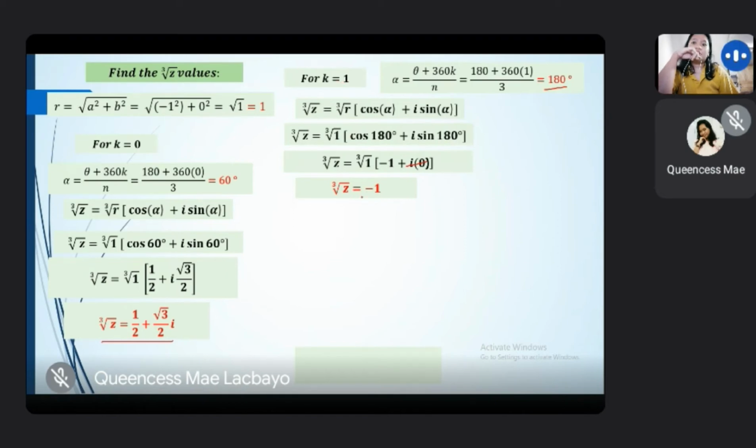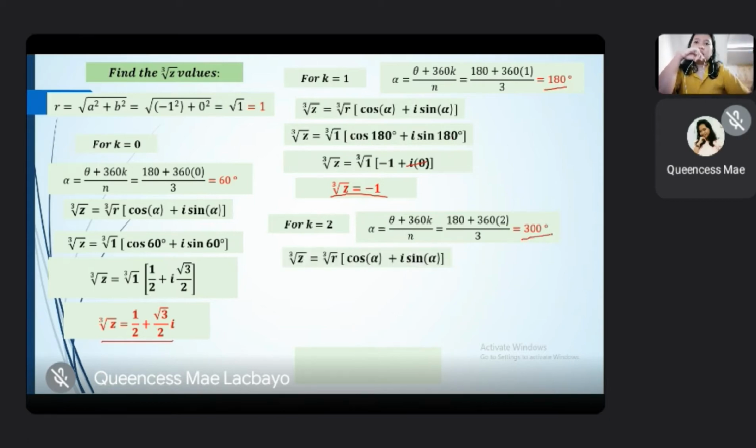So, that is the answer for k equals 1. Next is k equals 2. Same again, using the 300 degrees we got earlier for k equals 2. Formula given: cube root of r, cosine alpha plus i sine alpha. Then the cube root of z is equal to the cube root of 1, bracket cosine 300, since 300 is the alpha, plus i sine 300.